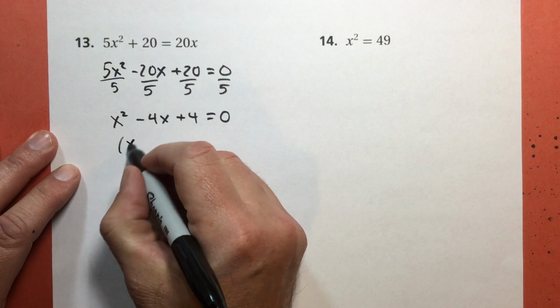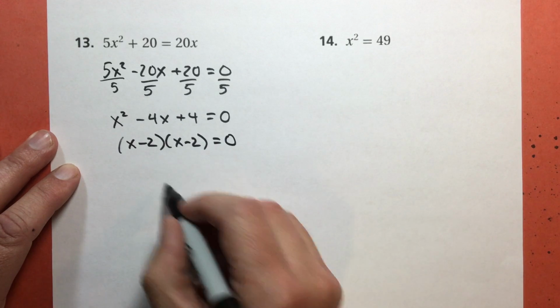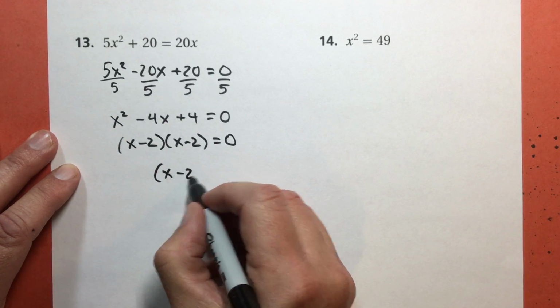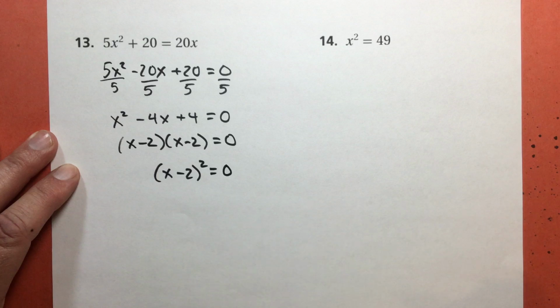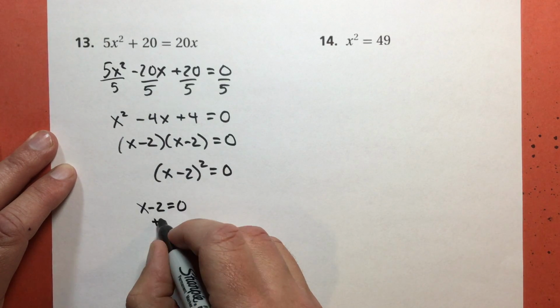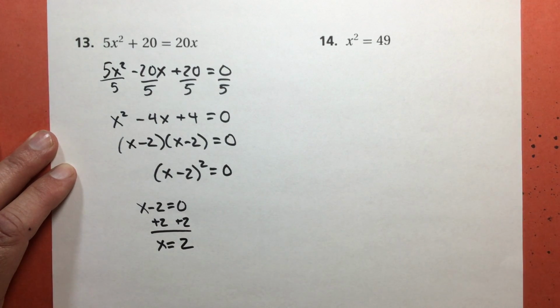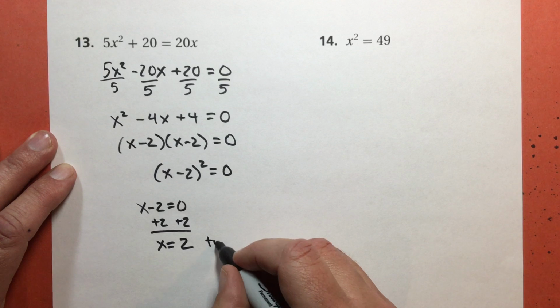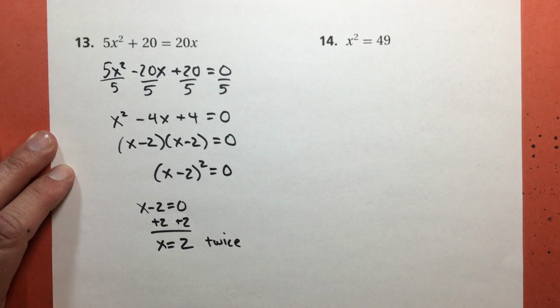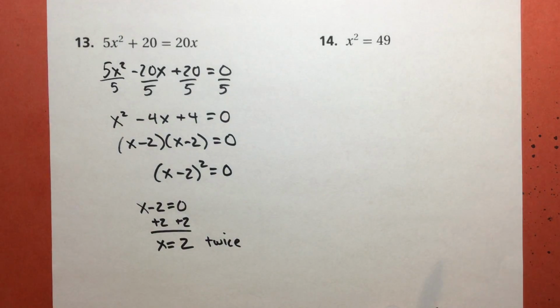This is x subtract 2 times x subtract 2, which is the same as x subtract 2 squared equals 0. Do a little bit of algebra 1, excuse me, and I get x equals 2, but I get it twice. I get it here, and I get it here. So again, I have a multiplicity.